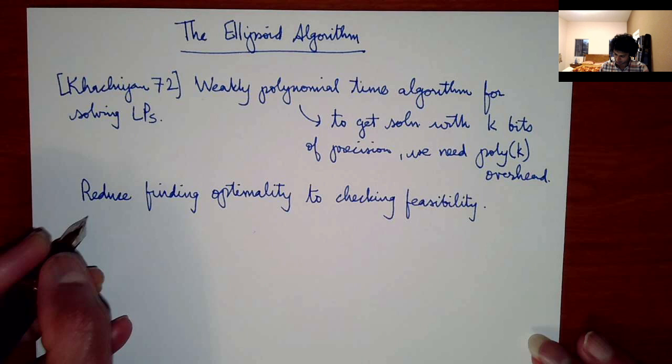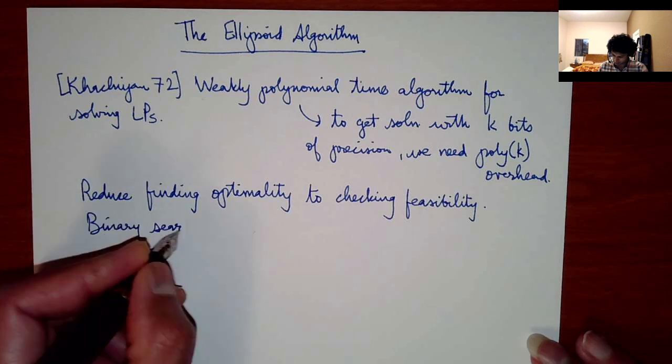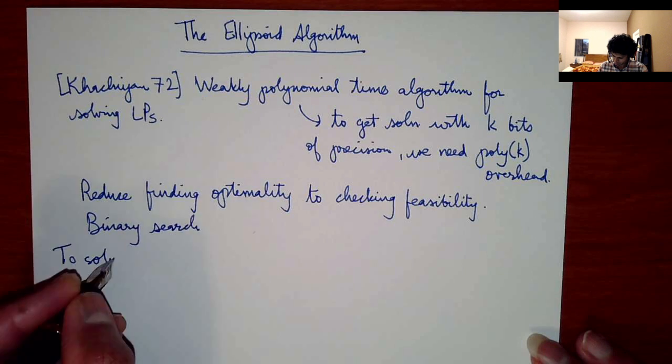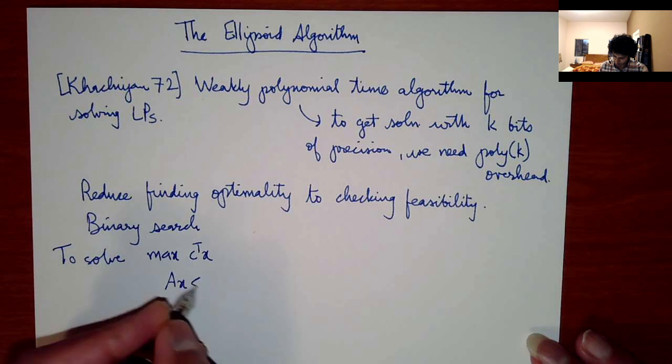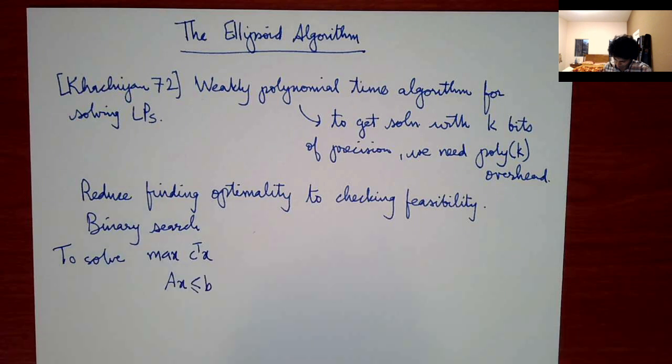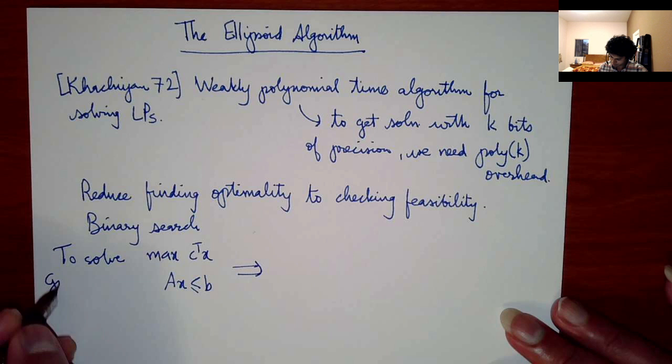Because to solve max C transpose X, Ax less than B, suppose we're given a range that C transpose X we know is going to be in, let's say, alpha and beta.